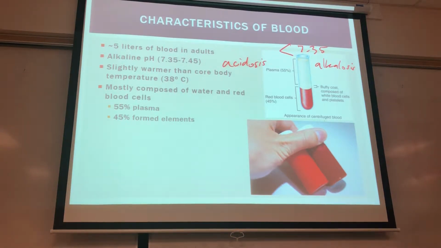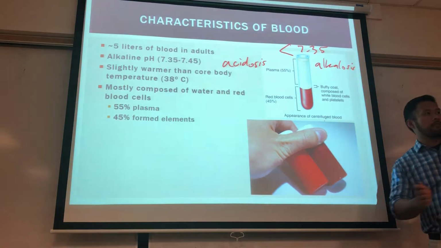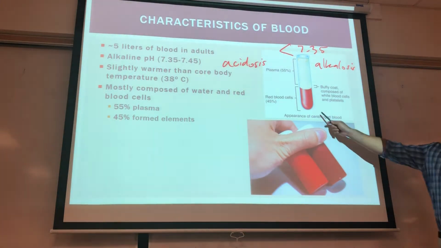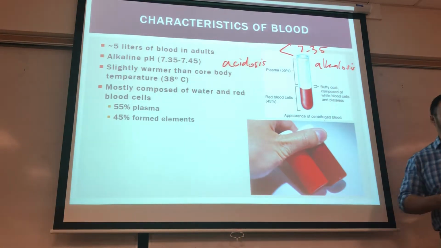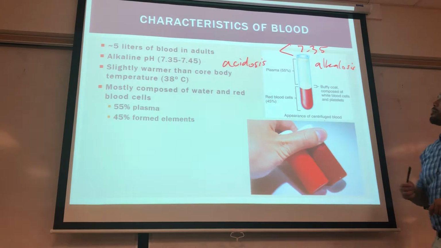If you were to take a look at the composition of blood, and we can measure the composition really by what we call centrifuging, which is the process of spinning the blood in which the heavier sediment sinks to the bottom and the lighter portions of the blood will float.